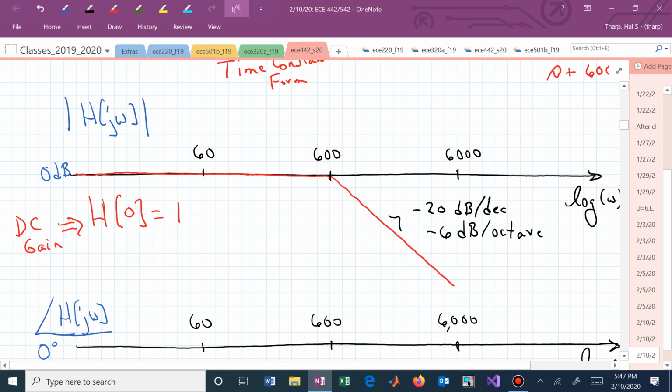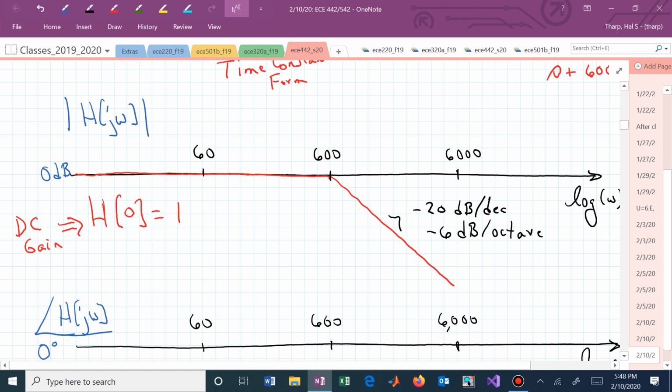If I went a complete decade, which is typically what we think, I would go to 6,000, which is a decade beyond 600, and say, oh, I need to be down at minus 20 dB. And that way I can now connect these 2 points. I'm at 0 dB at 600. I'm at minus 20 dB at 6,000. Now I use that to draw my magnitude curve, and it doesn't change slope at any time thereafter, because I simply have the one pole at 600.